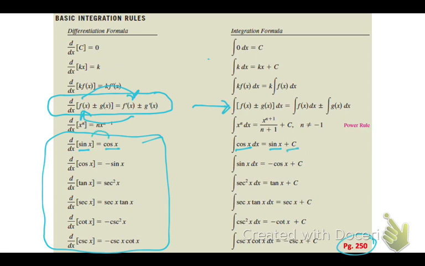Can't you just go backwards and add a c? But what's different? This one says negative sign and this one says positive sign. So if it's positive, it was a negative, right? If this is negative, then it was a positive.